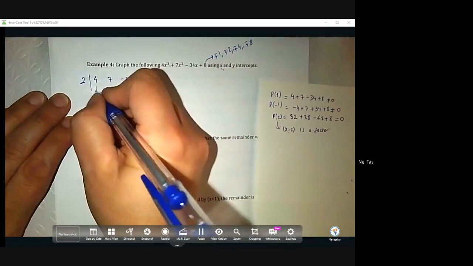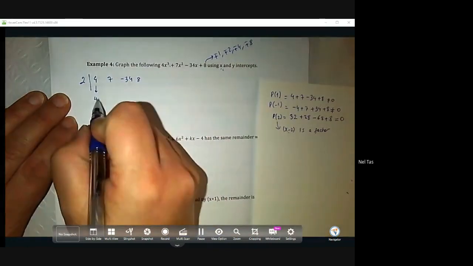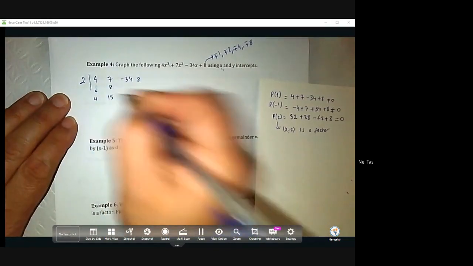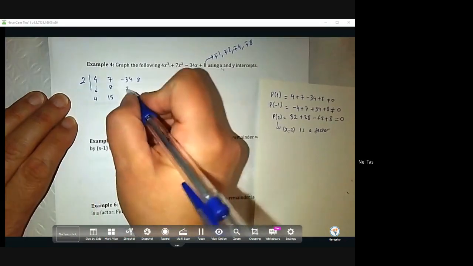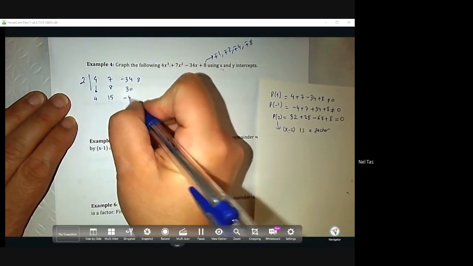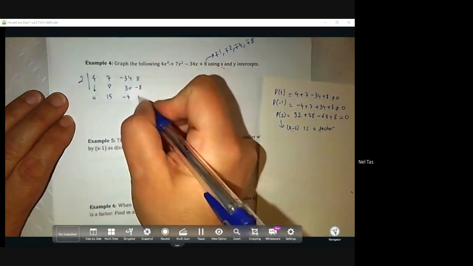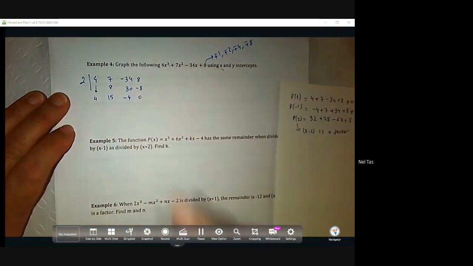First number goes down as it is. 4 times 2, 8. Add them up, 15. 15 times 2 is 30. Add them up, negative 4. 2 times negative 4 is negative 8. We get 0 as a remainder.